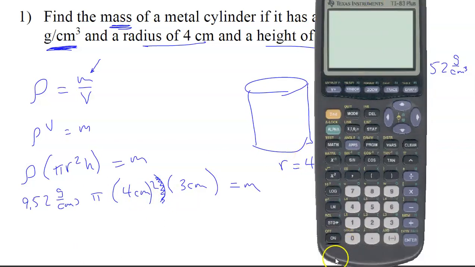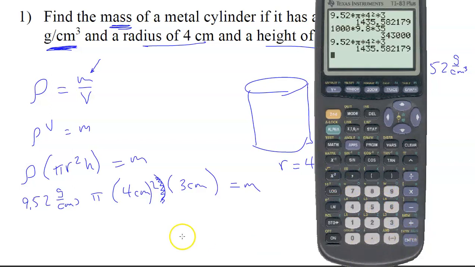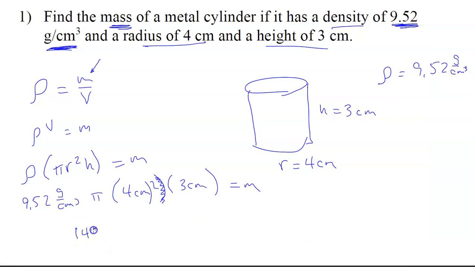Here comes my numbers, 9.52 times pi, second caret, times 4 squared times 3, and that would be 1,436 grams. If you want some kilograms, just convert it over, move the decimal place 1, 2, 3 times, 1.436 kilograms. And I'll put a circle around that because we tend to prefer kilograms.